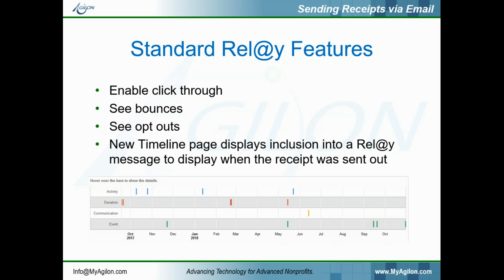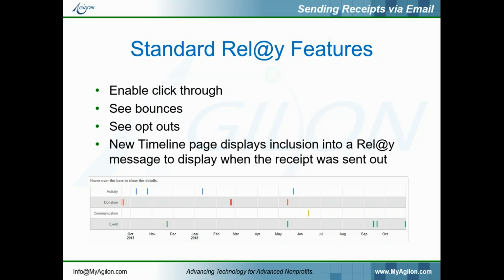Use the function within Relay for the opt-outs, because even though you might tell Relay to send an email to an email address, if that person has chosen an opt-out option from a previous Relay campaign, it's possible that if you're using the same organization or whichever opt-out they've signed up for, we won't send the receipt out to them.